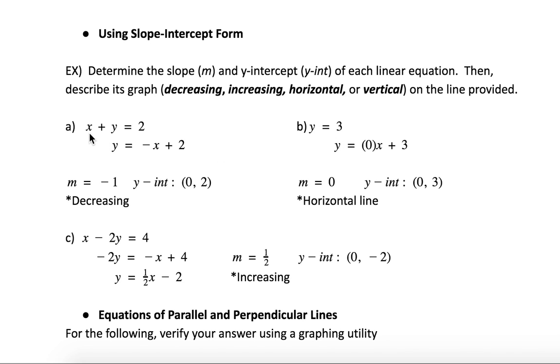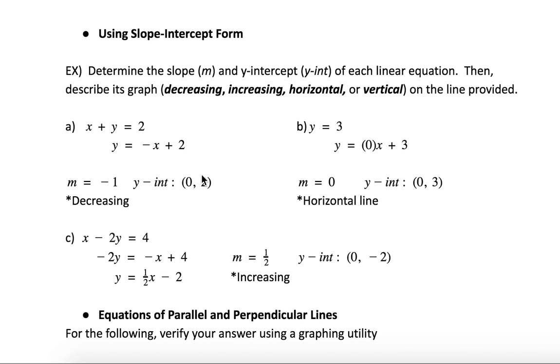All right, so given an equation in general form, let's solve for y. Let's put it in that slope-intercept form. So just one step in this example, just subtract x or move it over to the other side and make it negative. So now we know that our slope, which is in front of the x variable there, is -1. And the y-intercept is always that last number, that b value on the end there.